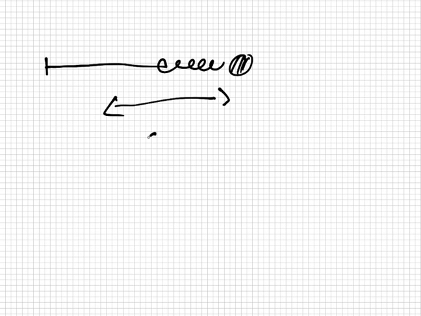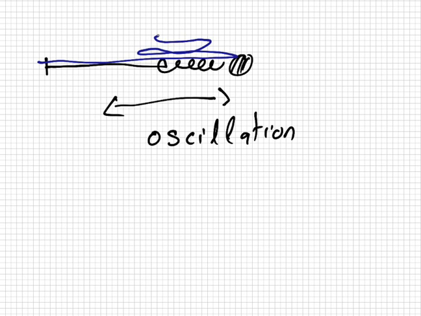When this is going back and forth, that's just called oscillations. But if it's going back and forth and it slows down, that's called damped oscillations.